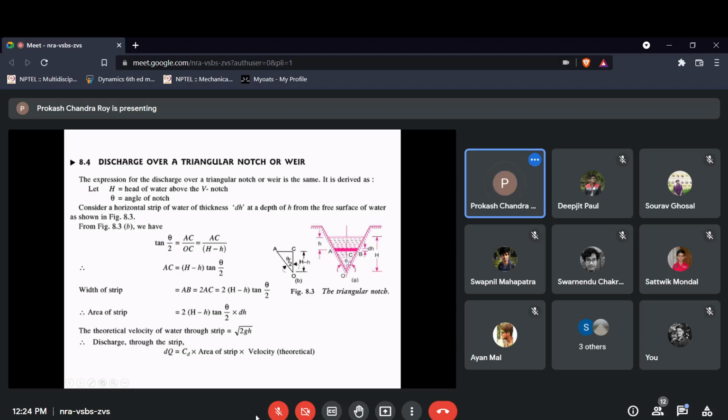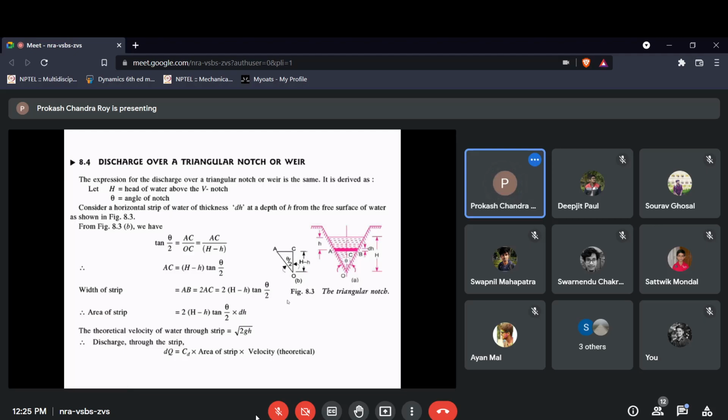Now this is a similar triangle here. So tan of theta by 2 is nothing but AC by OC, where OC is H minus h, and AB is twice AC. So you can estimate AB, the width of the strip, in terms of the angle theta by 2.